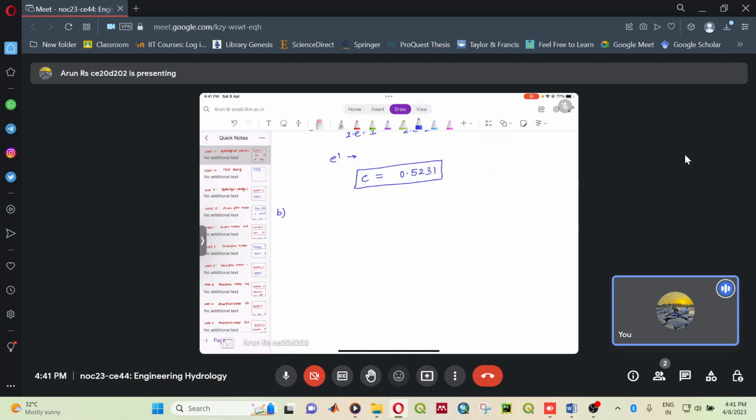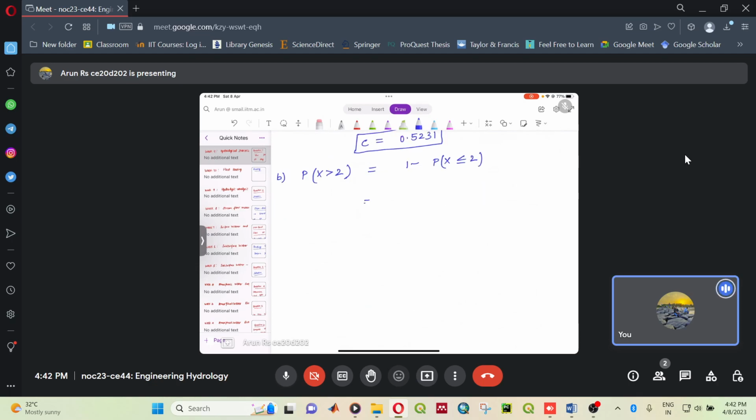In the second part, we need to find out the probability that there are more than 2 rainy days in the last week of December. So I am writing probability of x greater than 2. This can be written as 1 minus probability of x less than or equal to 2.